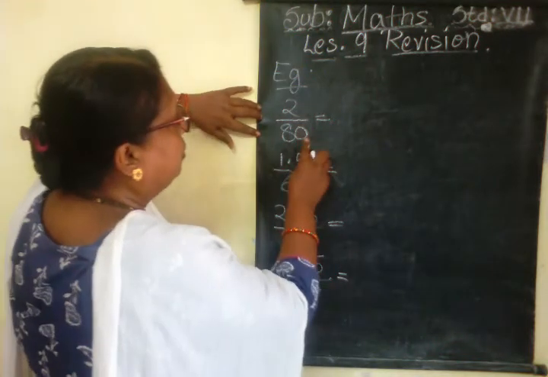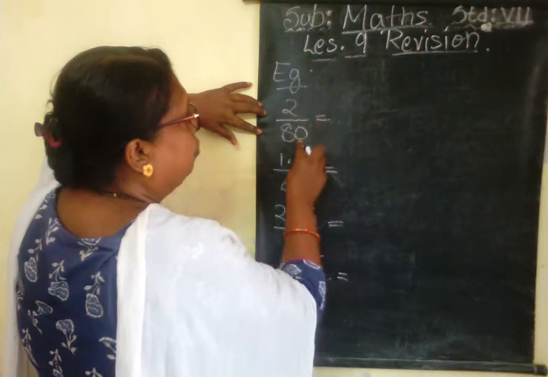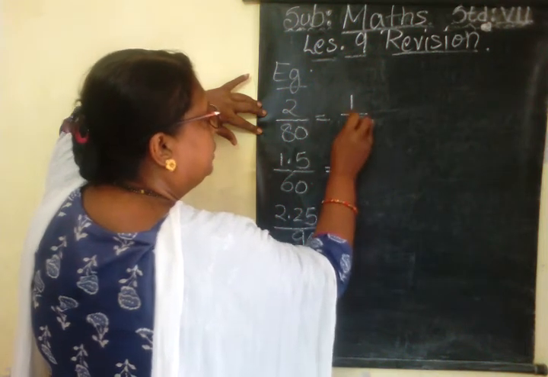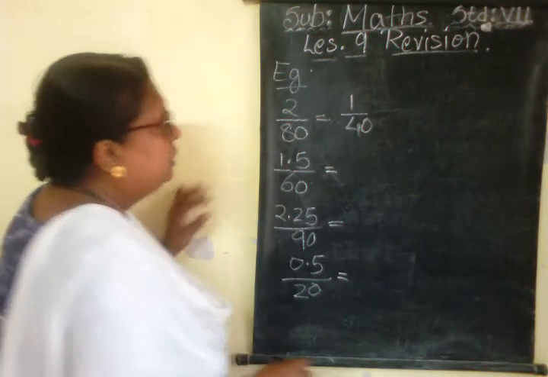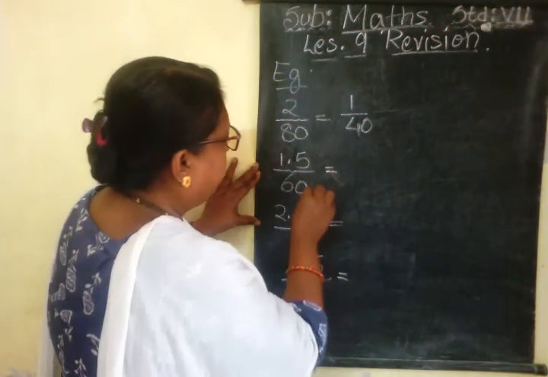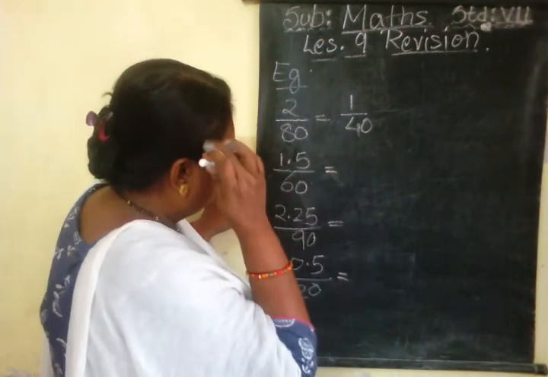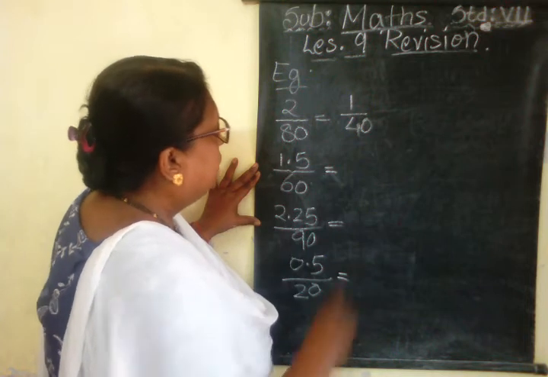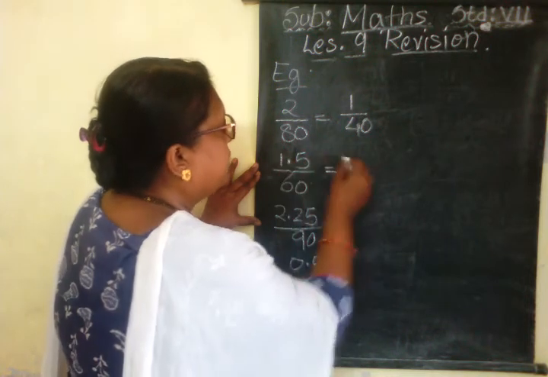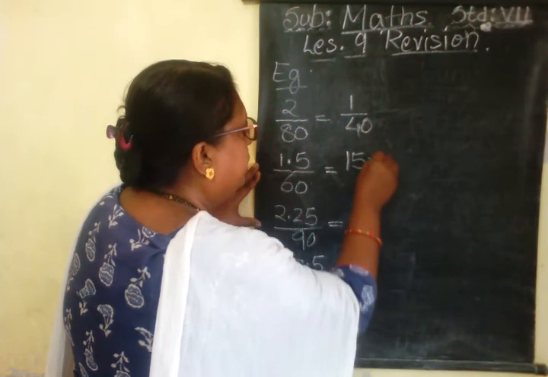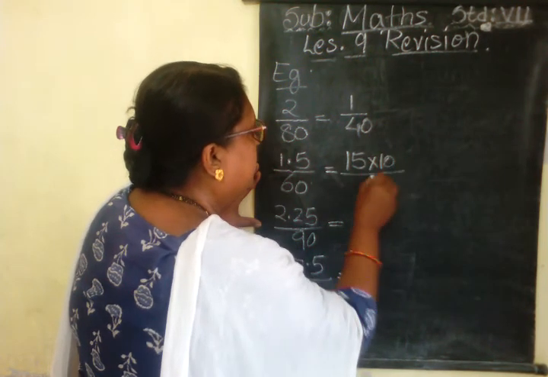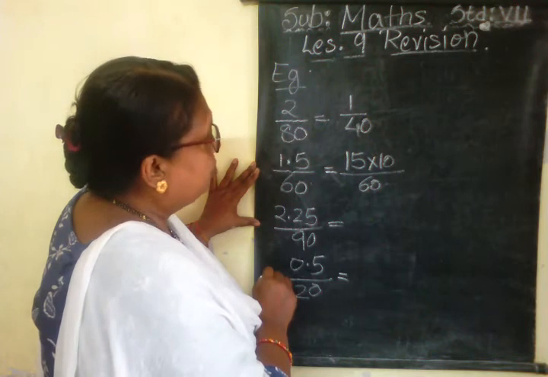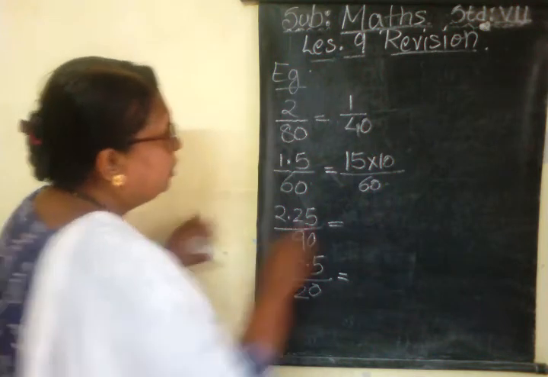Now 2 upon 80 means 2 ones are 2, 2 twenties are 40. So 1 upon 40 is the ratio here. Okay? Then 1.5 upon 60, how will you get it, children? Remove decimal, so it becomes 15 upon 60 with a multiplication by 10.